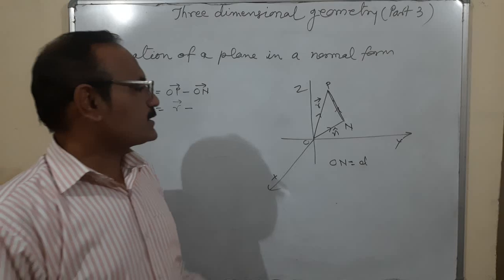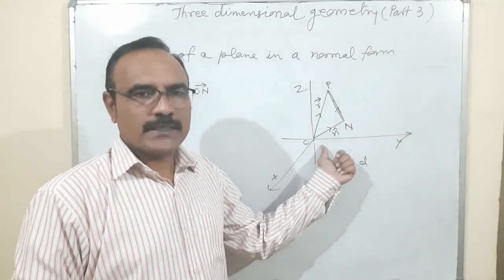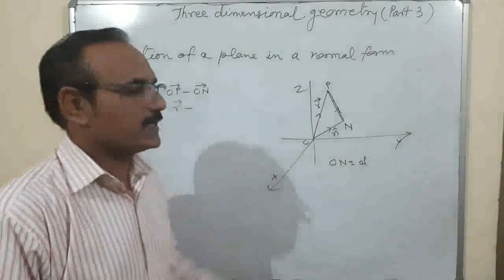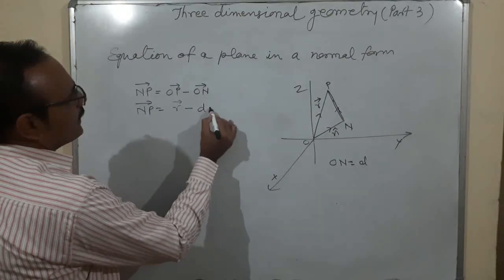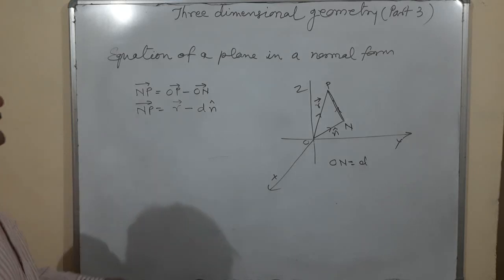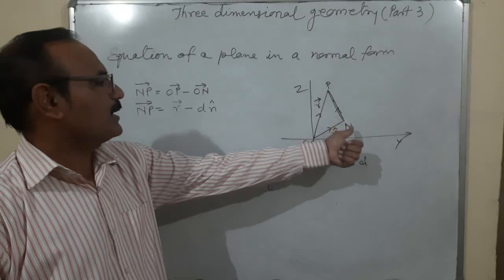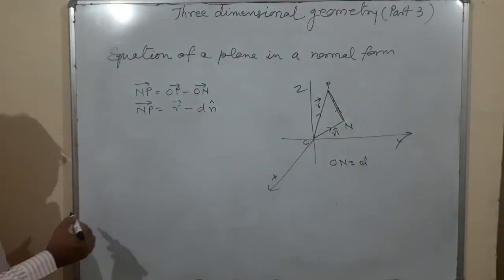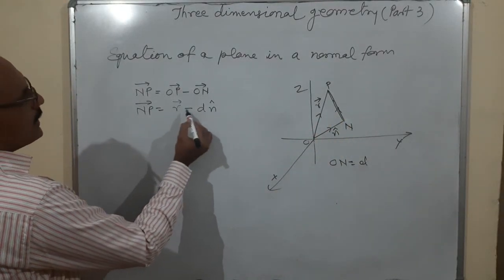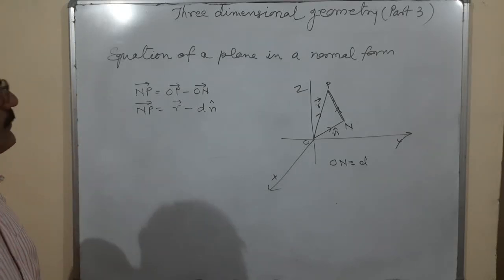When we vectorize this term, because this distance is D, the magnitude is D and the unit vector we have taken as n. So I write D and unit vector n. Is it okay? So NP is r minus Dn. This is the value of NP.